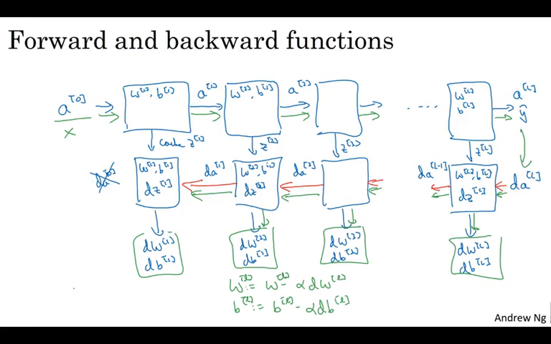Now, before moving on, just one more implementational detail. Conceptually, it'll be useful to think of the cache here as storing the value of Z for the backward functions. But when you implement this, and you see this in the programming exercise, you find that the cache may be a convenient way to get the values of the parameters W1, B1 into the backward function as well.